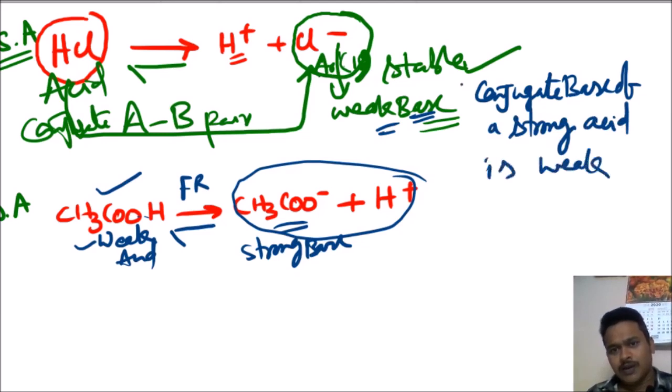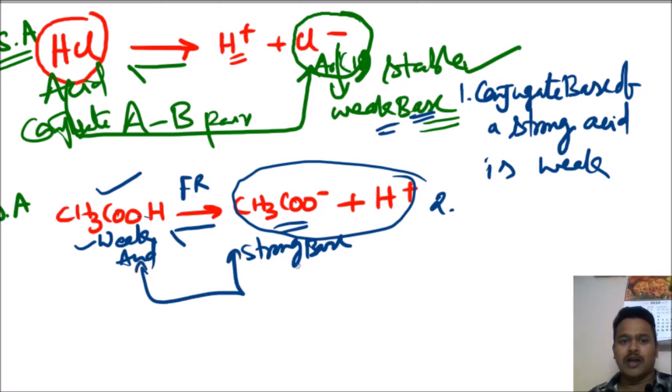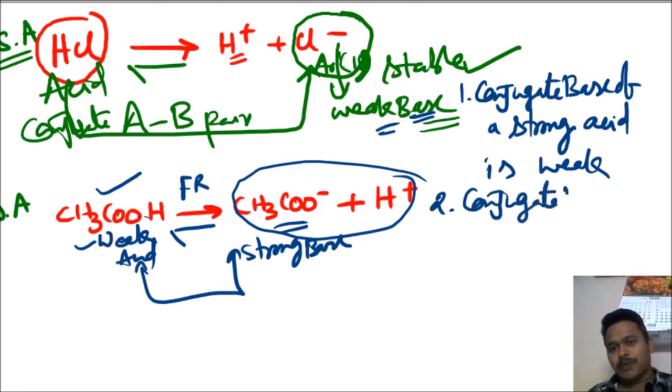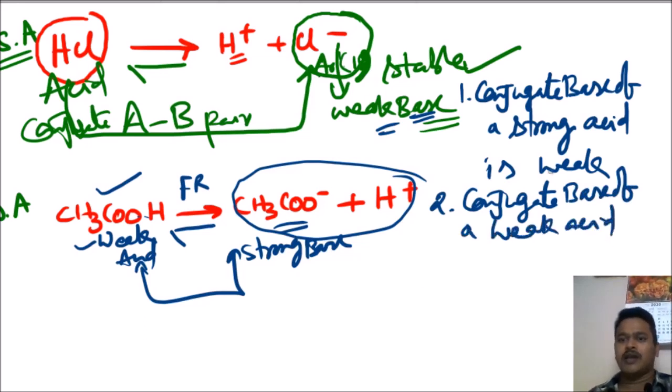Second point: the strong base comes from a weak acid; both are conjugate acid-base pairs only. The conjugate base of a weak acid is strong.